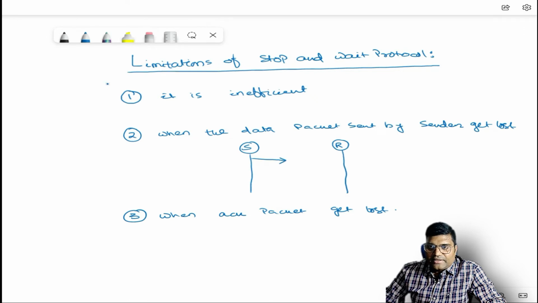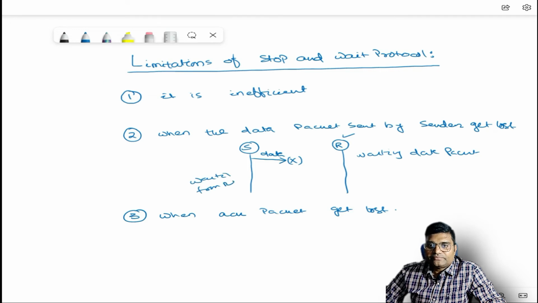When the sender sends a data packet, and this data packet is lost in the medium for some reason, the receiver is waiting for this data packet, and the sender, after sending it, is also waiting for the acknowledgement packet from the receiver.